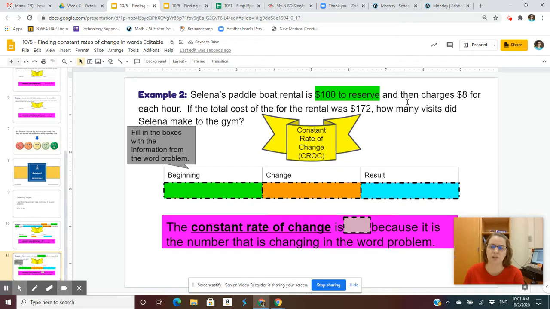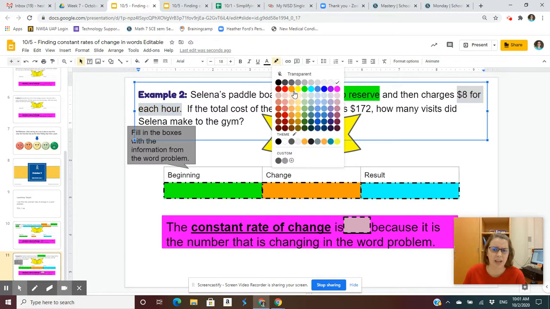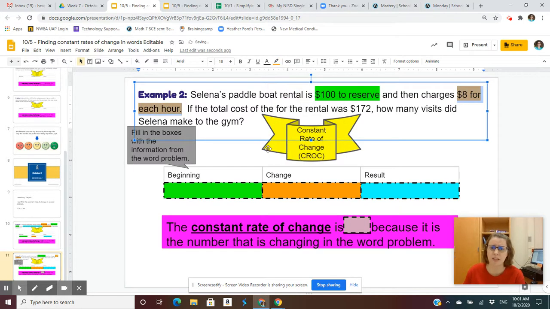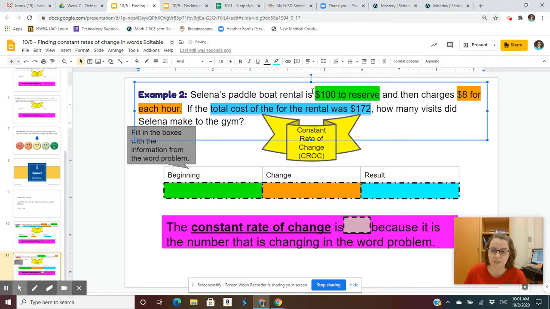Okay, $100 to reserve. Then it charges $8 for each hour. Okay, $8 for each hour. Sounds like a change to me because every hour it's going to increase the amount of charge. And then finally, the total cost right here was $172. So I'm going to go ahead and highlight that because that is our result.